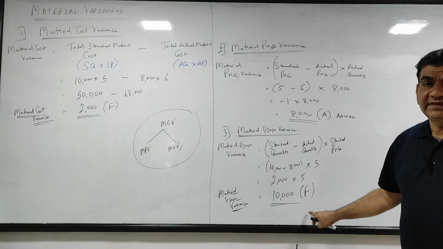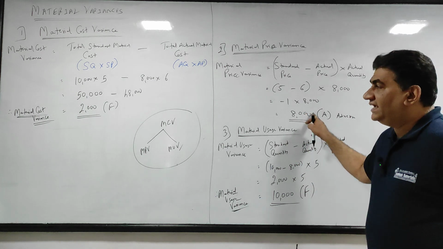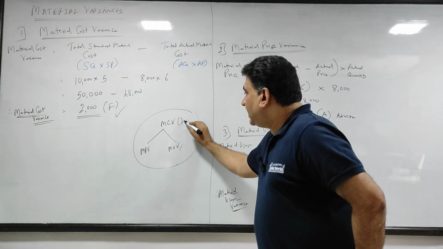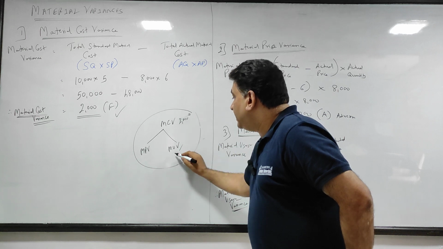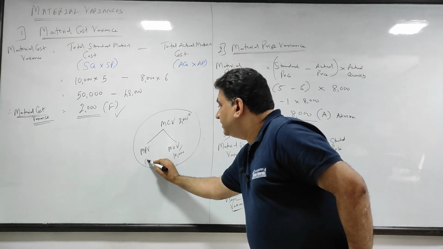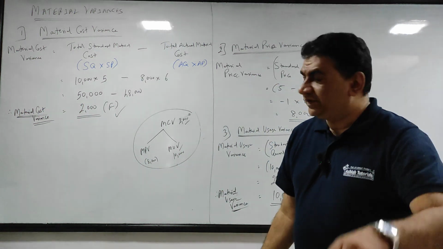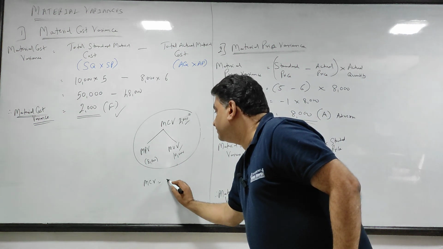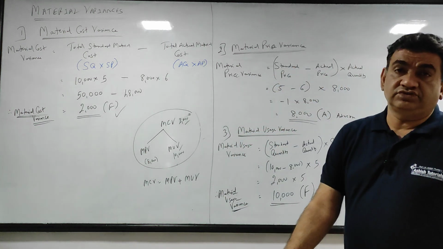But saving is more. So 10,000 saved, 8,000 spent. 10 minus 8, 2,000. So material cost variance is 2,000 favorable, and if you analyze it, 10,000 and 8,000, 10 minus 8, 2. Therefore, material cost variance has always to be equal to the total of price and usage variances.